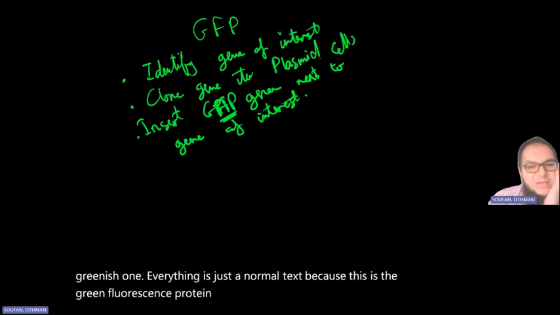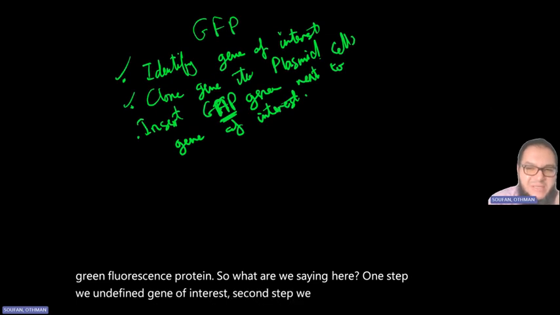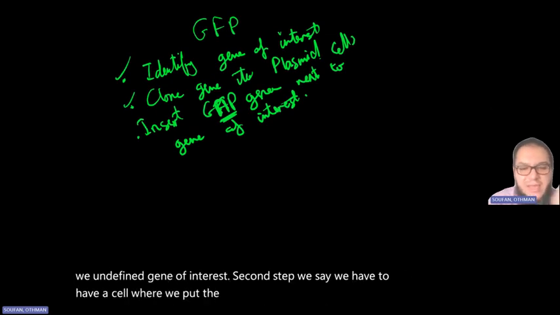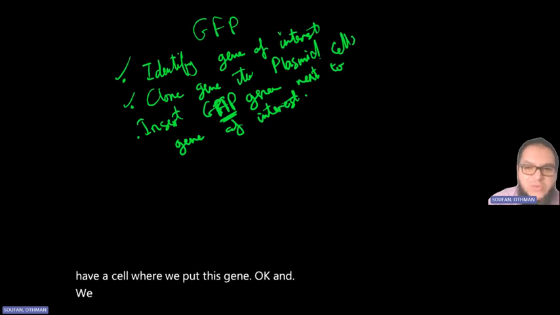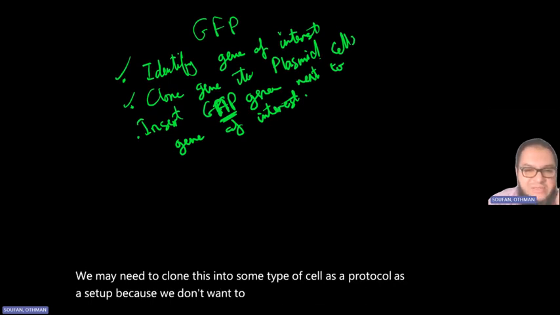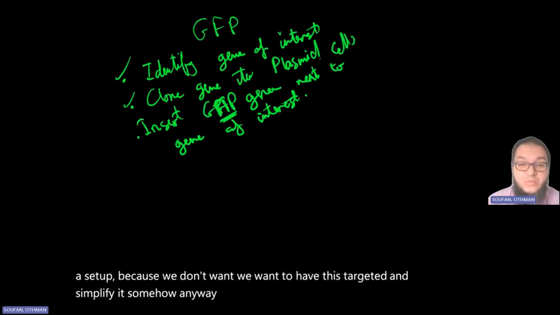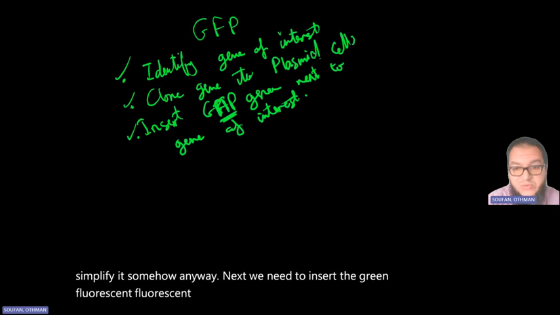So what are we saying here? In one step, we identify the gene of interest. In the second step, we need a cell where we'll put this gene, and we may need to clone it into some type of cell as a protocol, as a setup, because we want this targeted and simplified somehow. Next we insert the green fluorescent protein right beside the gene of interest.